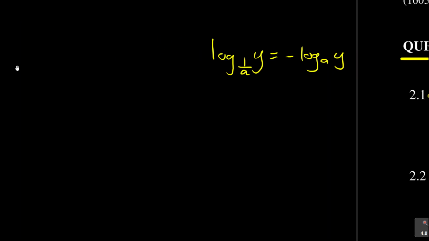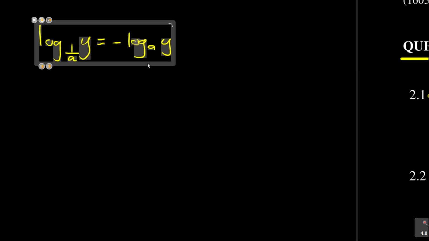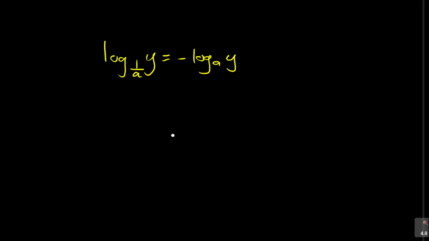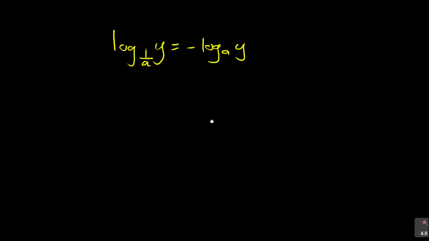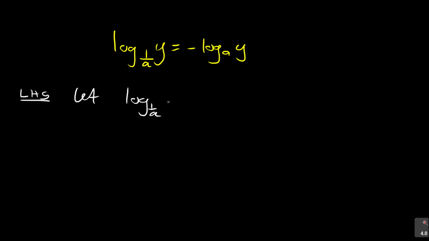This is what I'm given, and I need to show or prove that the left hand side is equal to the right hand side. So let me consider the left hand side. Let log base 1 over a of y be equal to x.